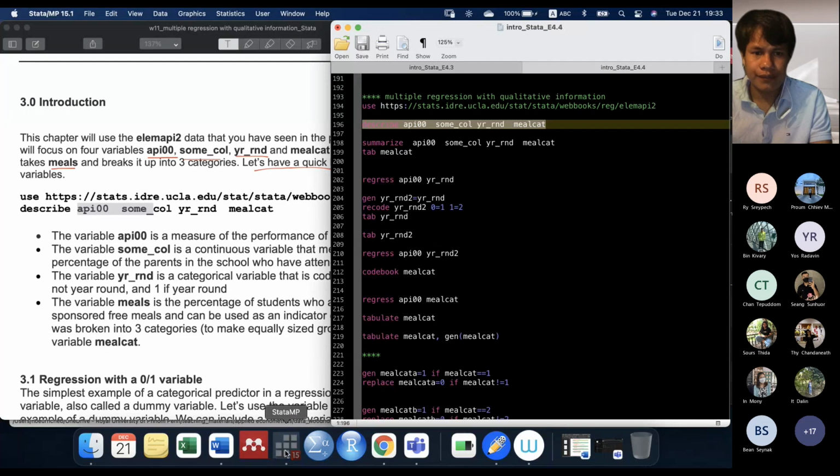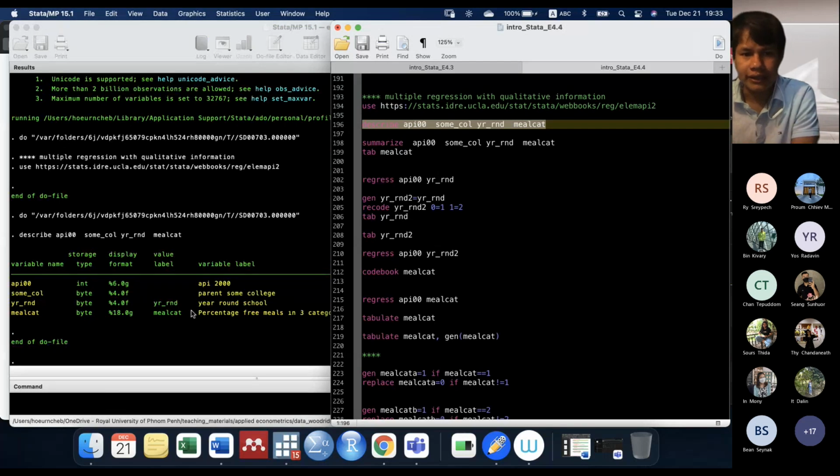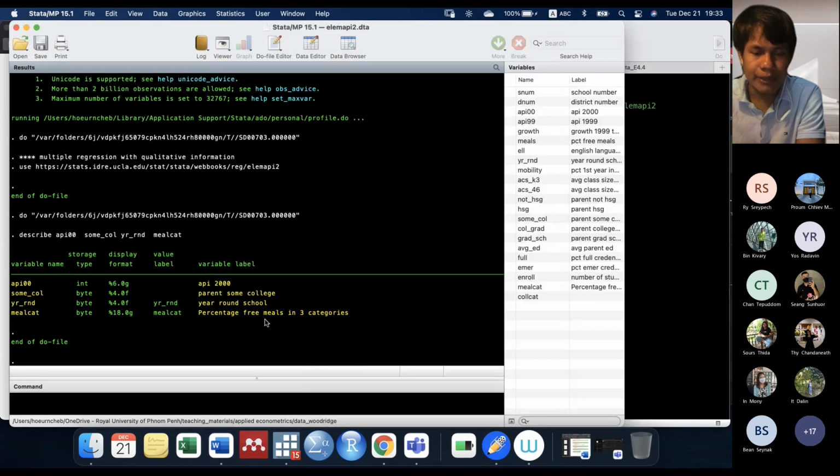I run it and I see the result here. If you look at these variables, you see AP 2000, parental college, year-round school, percent free meal in 3 categories.